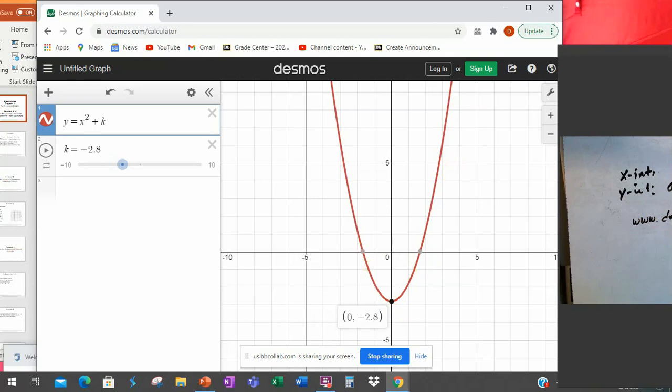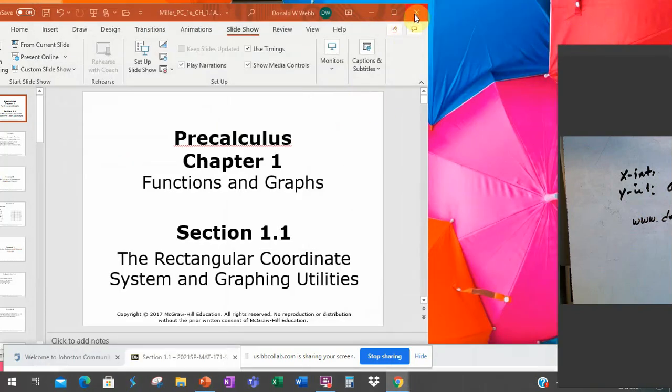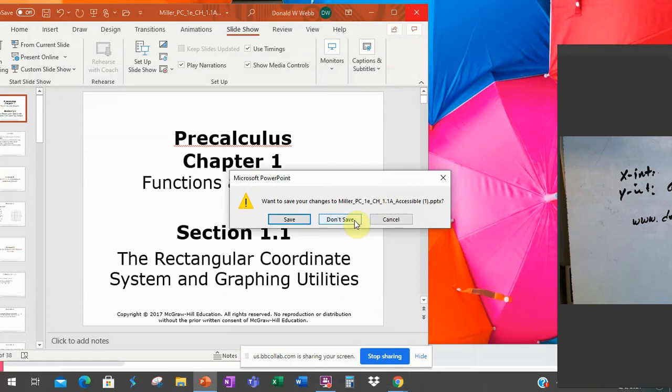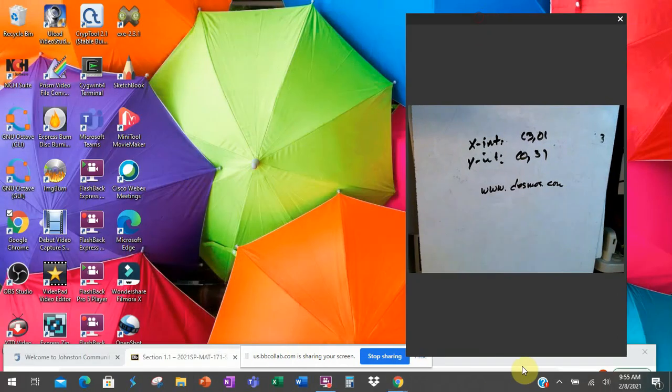So that's Desmos. We'll use that a lot as we go forward. I just want to go ahead and show you that. Let me leave. And that's basically the section 1.1 review. And that finishes that up.